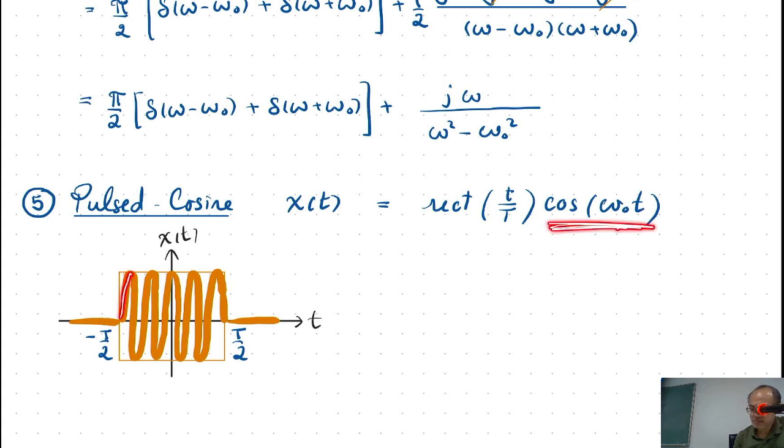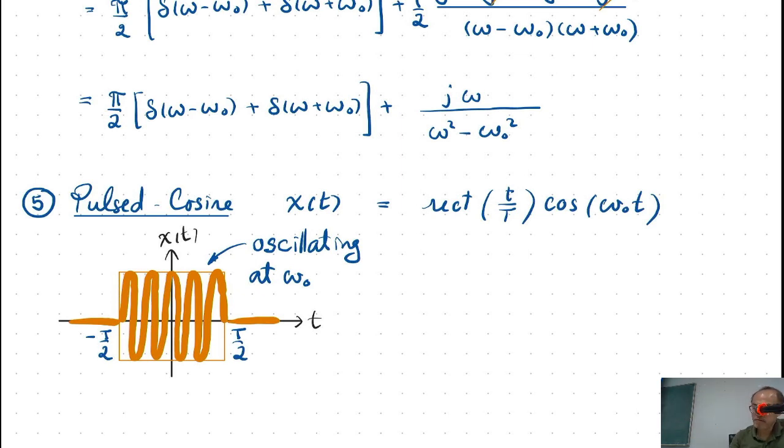So the frequency of the oscillation is given by omega 0, oscillating at omega 0.